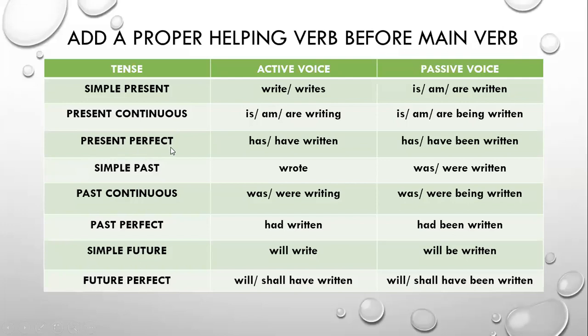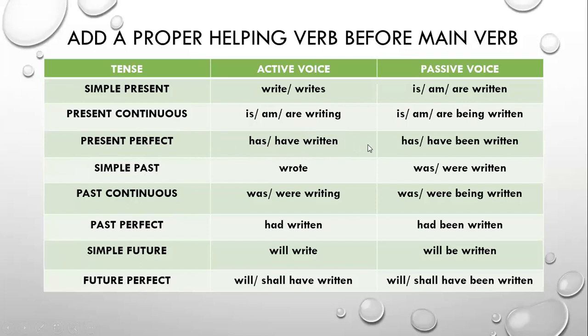Now see present perfect. In present perfect case, the rule is has or have plus third form. In perfect cases, we already have third form. Okay, so this is the benefit for you people. Whenever there is a perfect tense, whether it is present or past or future perfect, you will always get third form already in your active voice.